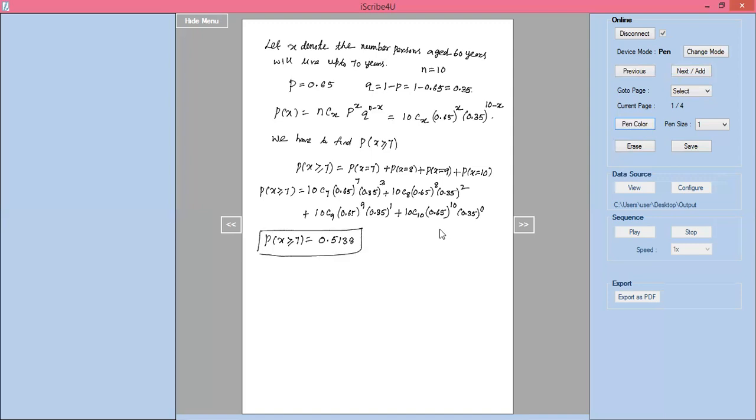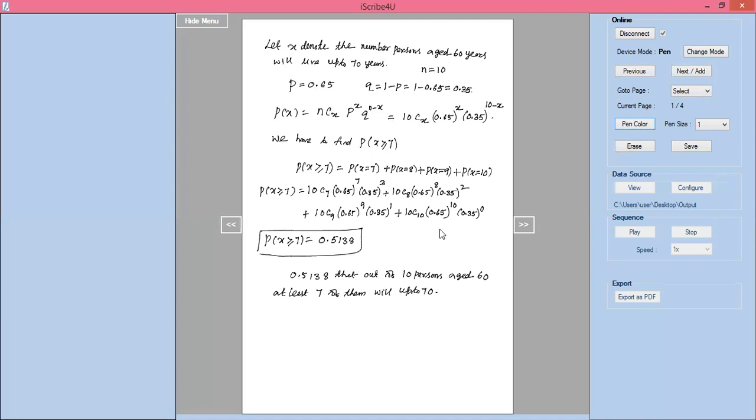So the probability is 0.5138 that out of 10 persons aged 60, at least 7 of them will live up to 70.